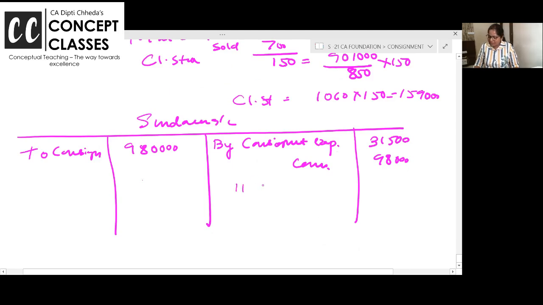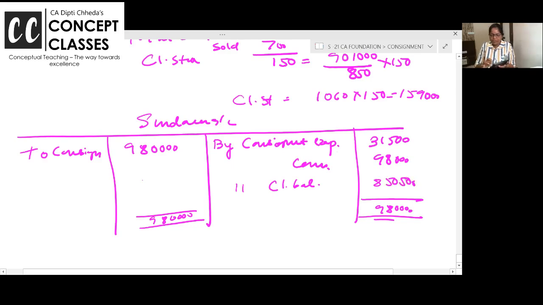There is no bills receivable. The remaining is closing balance carried forward because they didn't say that it is settled and closed by payment. 850, 500.